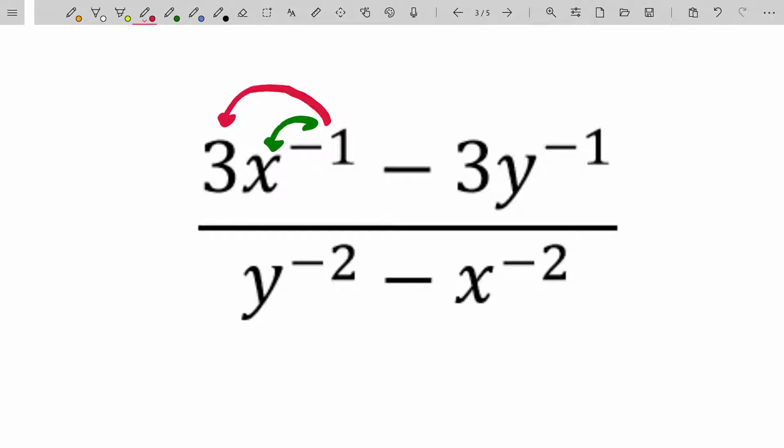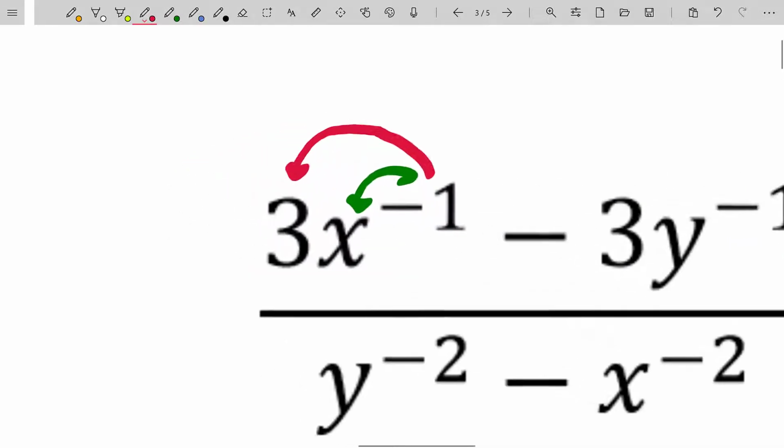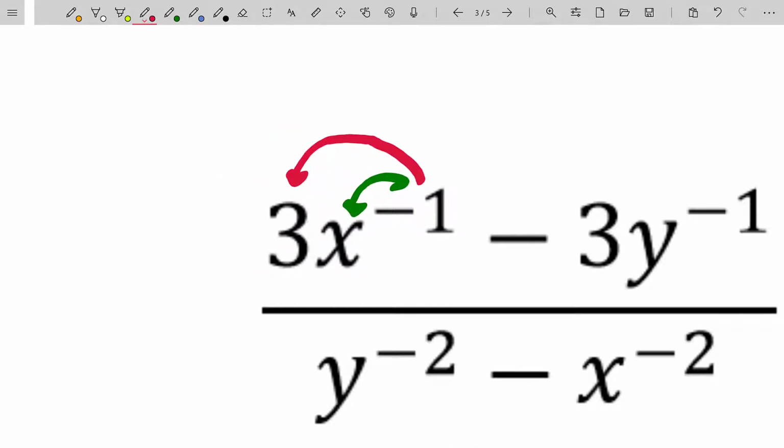So that -1 as an exponent is only touching the x. It's not attached to the 3. So when we apply this law of exponents, we're only doing so with expressions where the negative exponent is touching the base. In this case, the 3 is not touching that -1 exponent. That's 3 to the first, attached to an x to the negative first.